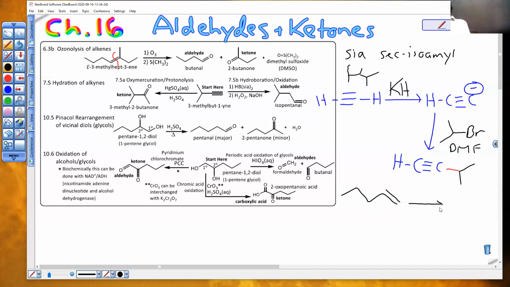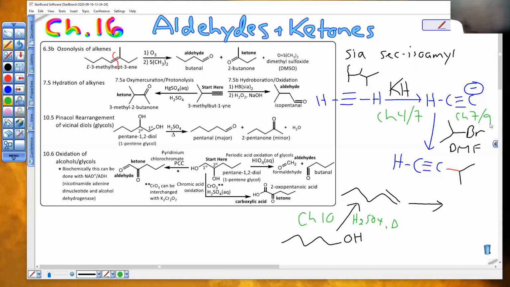We used alkenes, and we can always make alkenes from things like alcohols. Use a little sulfuric acid and heat. Acid catalyzed dehydration. That's found in chapter 10. Little reminder here, this was chapter 4 and 7. This was chapter 7 and 9. SN2 reactions in chapter 9.